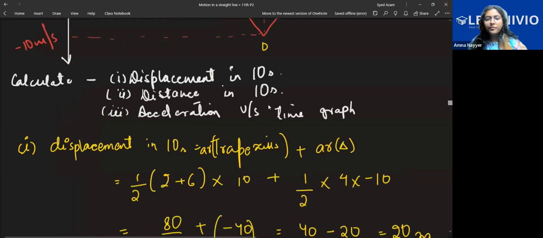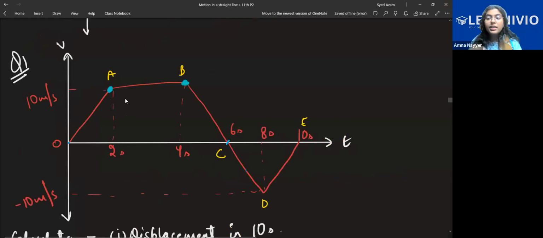Now after 2 to 4 seconds, what is happening? Velocity is constant, no acceleration, means there is no slope. Velocity is not changing. You can understand it in two ways. One way is that velocity's value is initially 10 meter per second, finally also 10 meter per second, so there is no acceleration.